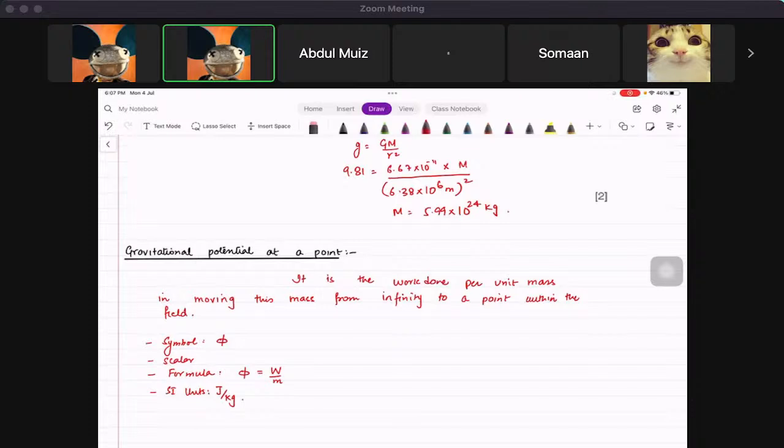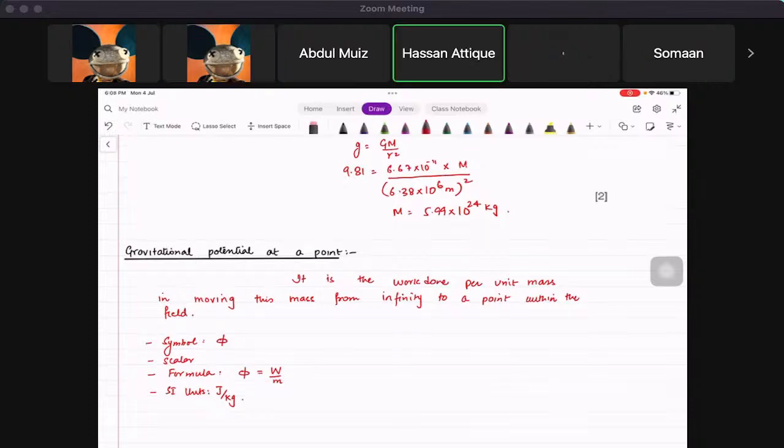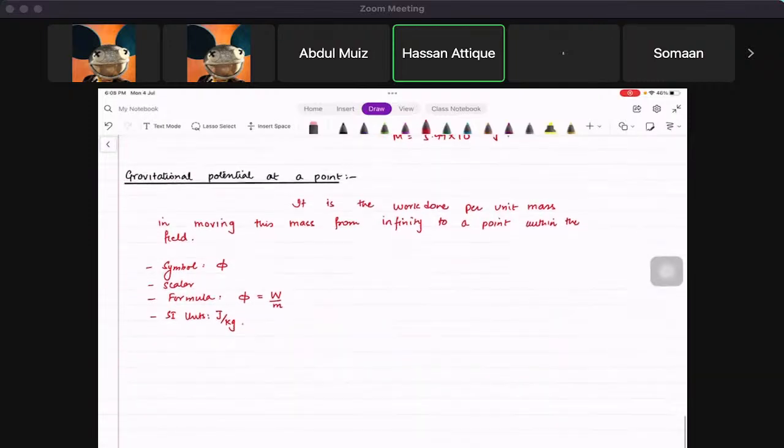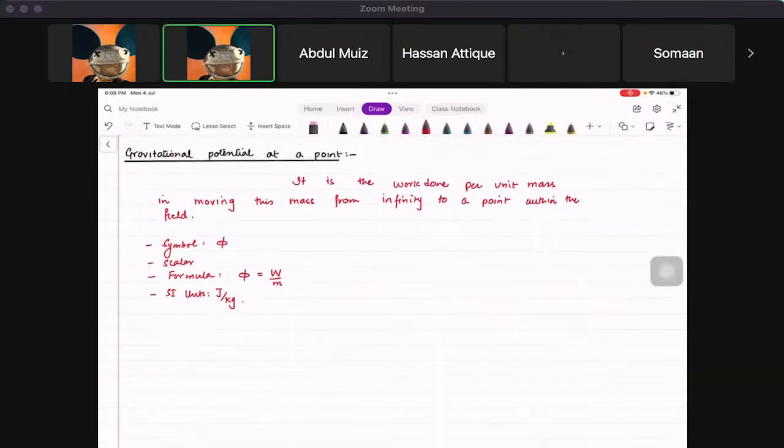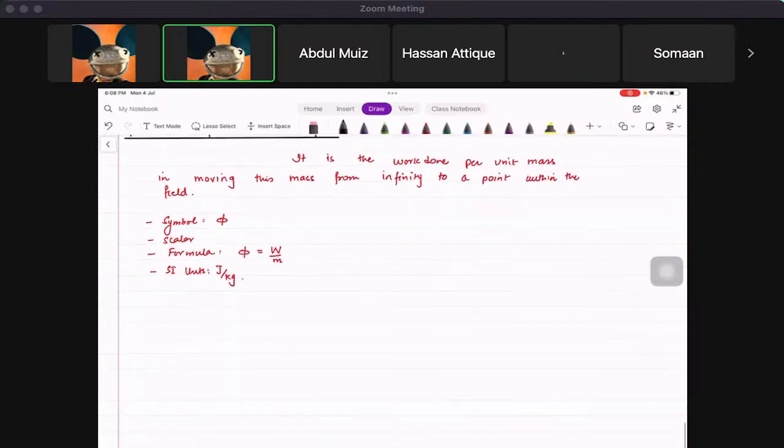Now, suppose you have a mass like this. This is the center of the mass, right? So at different points we can make the field.